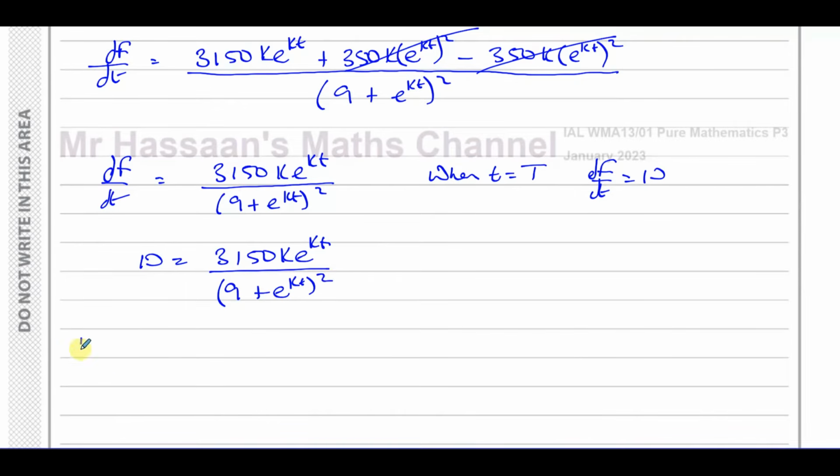If I multiply both sides by this to get rid of the fraction, I have 10 times (9 plus e to the power of kt) all squared equals 3150 k times e to the power of kt. I have to be careful not to miss anything out. The 10 cancels, so you're left with 315.